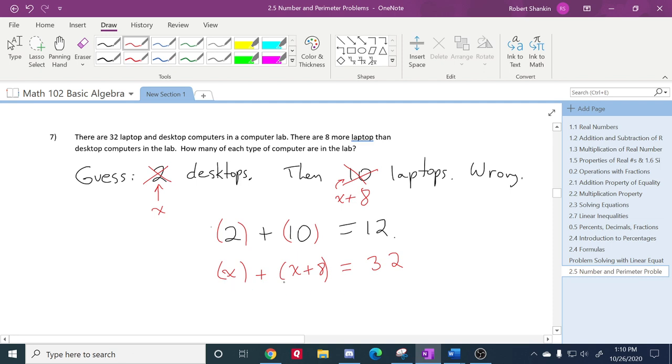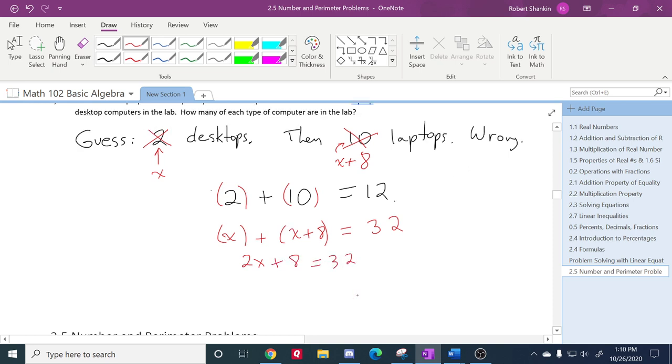Then the equation becomes, I can get rid of these parentheses, they don't really do anything. 2x plus 8 is 32. And then subtract 8. 2x is 24. Divide by 2, x is 12.